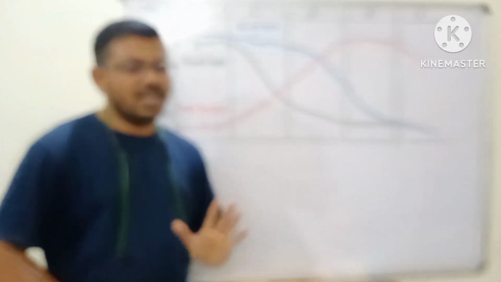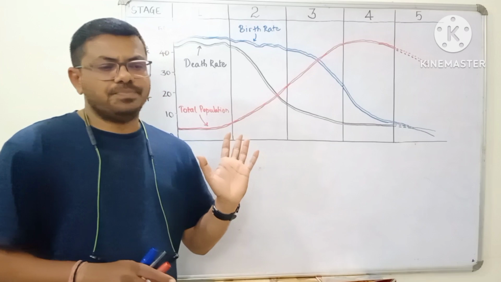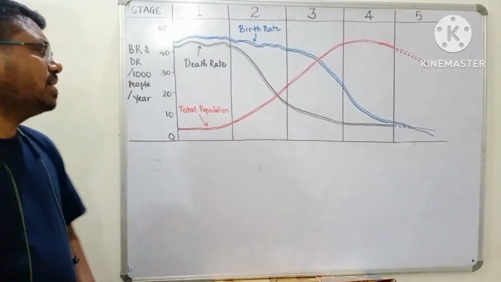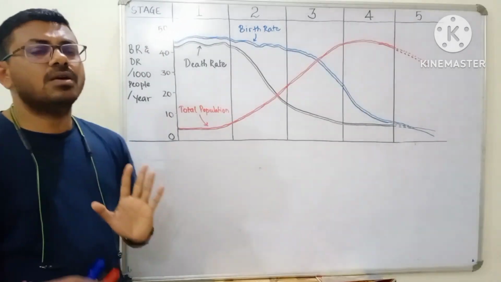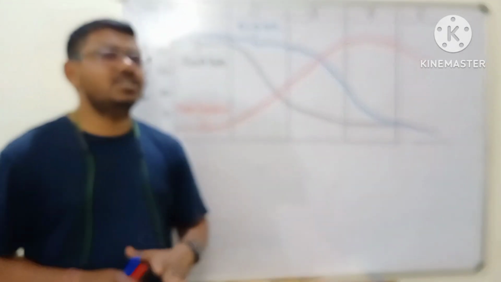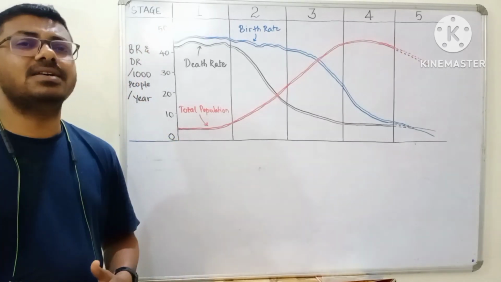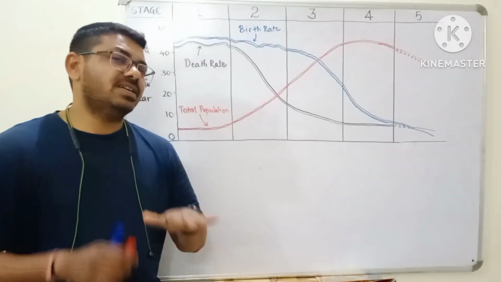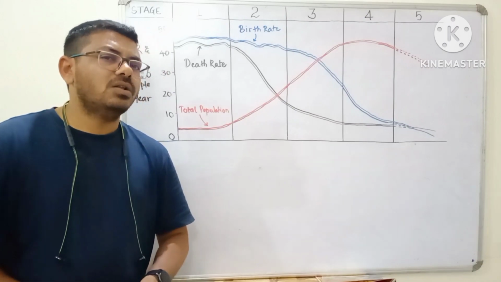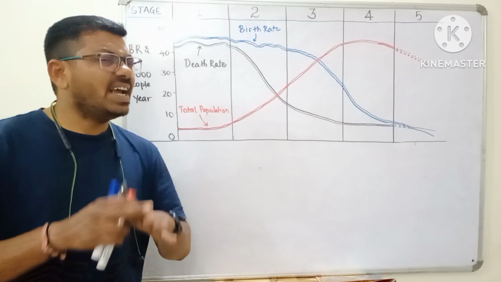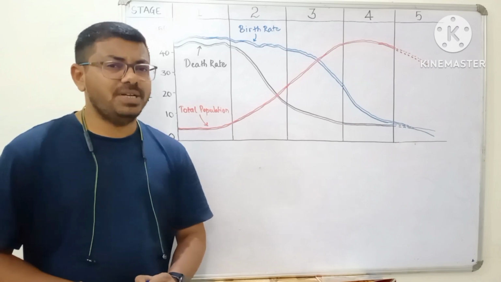This was also the time when the death rate, I mean infant mortality rate, was very high. Why? Because medical facilities were not developed, water supply, sanitation, medical supplies, food, everything was at the lowest level, and that's why the birth rate remains high and death rate also remains high.